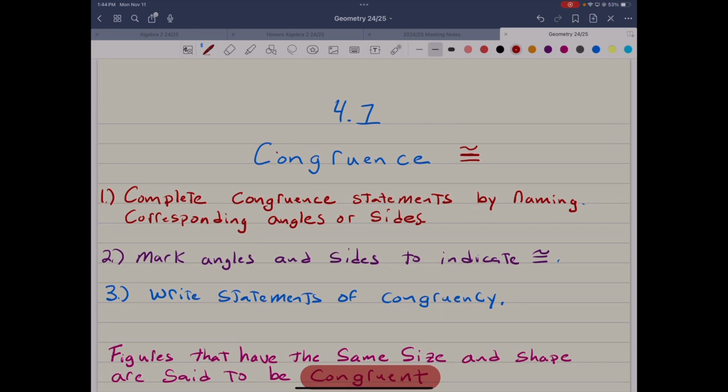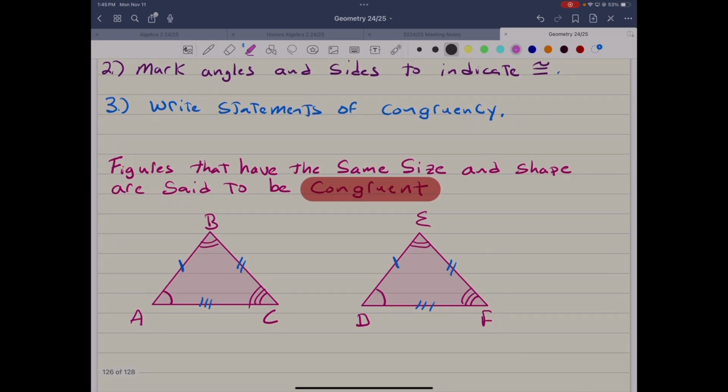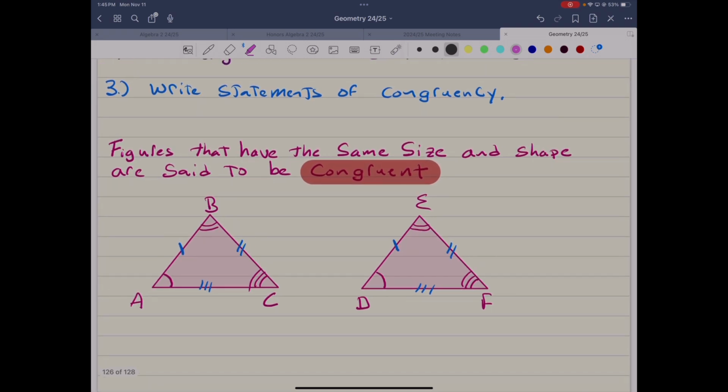That's what we put between to mean congruency. So when we're talking about figures and congruency, the first thing for your notes, after you add it to the heading, is: figures that are the same size and the same shape are said to be congruent.